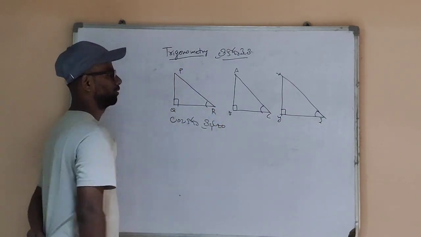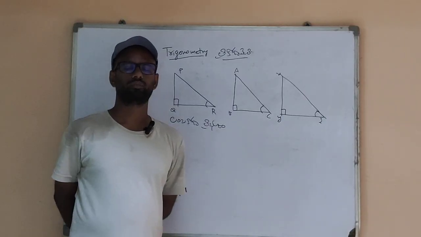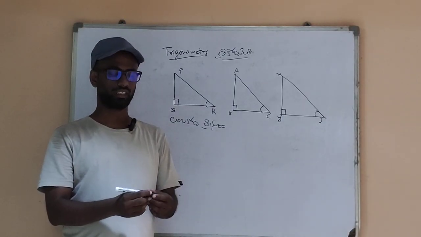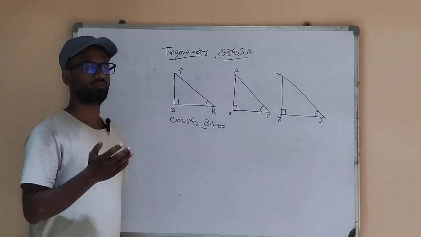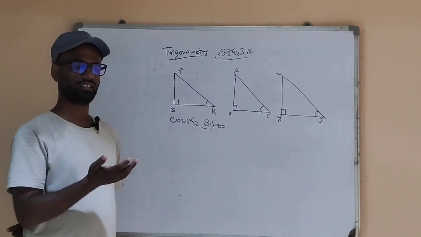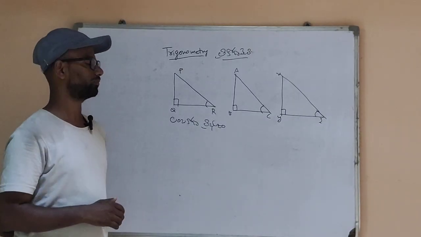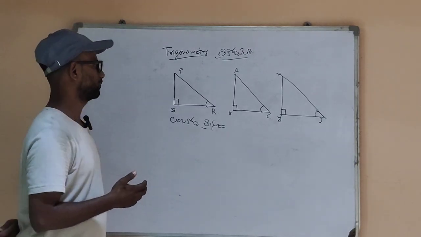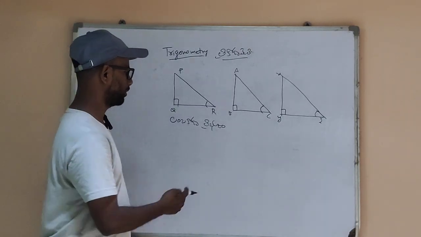Here, first what we have to identify is what is the opposite side, what is the adjacent side, and what is the hypotenuse.